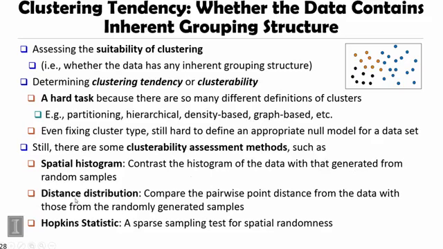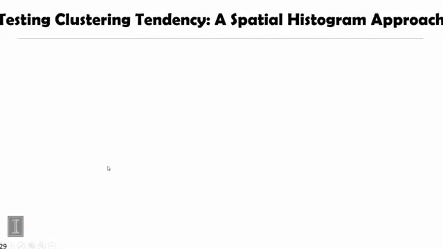Distance distribution tries to compare the pairwise point distance from the data and the pairwise distance from the randomly generated samples. Hopkins statistic uses a sparse sampling test for spatial randomness. And since they carry a quite similar spirit, we will only introduce one, the spatial histogram method.